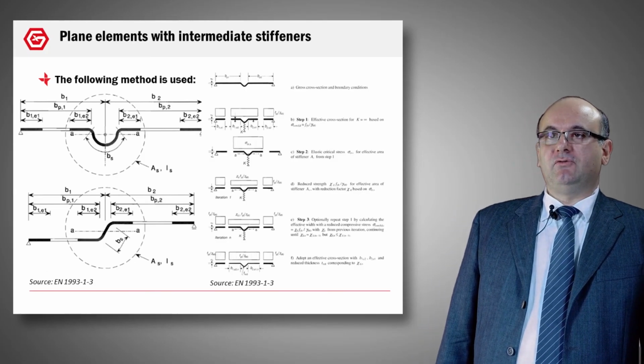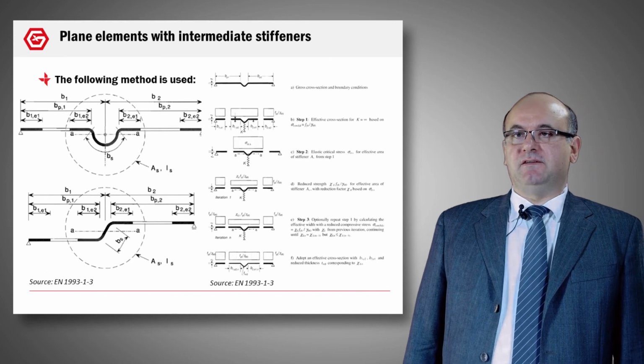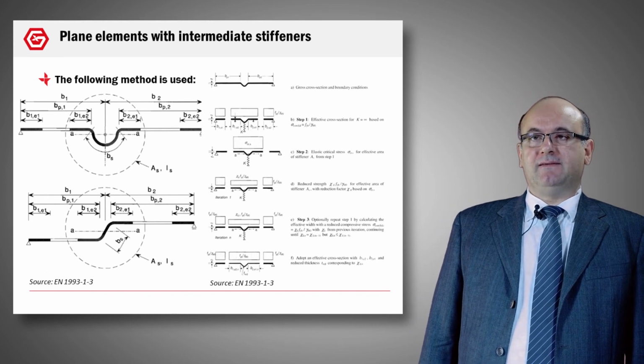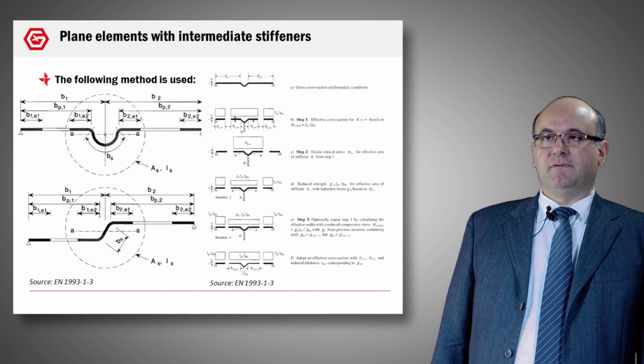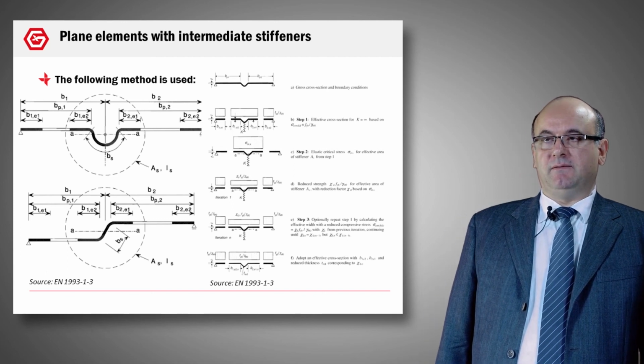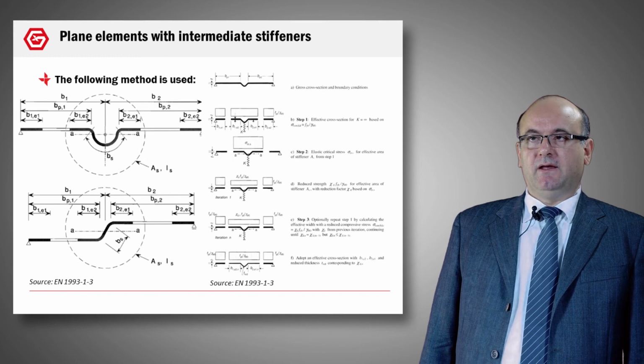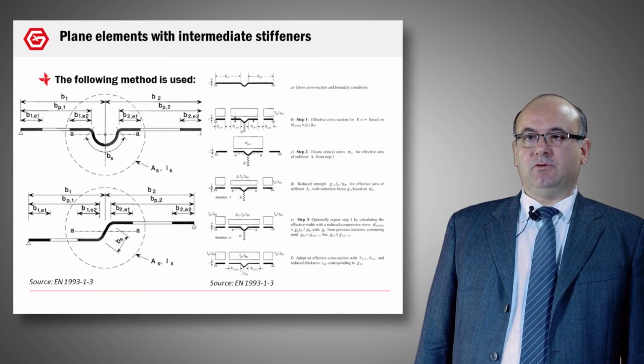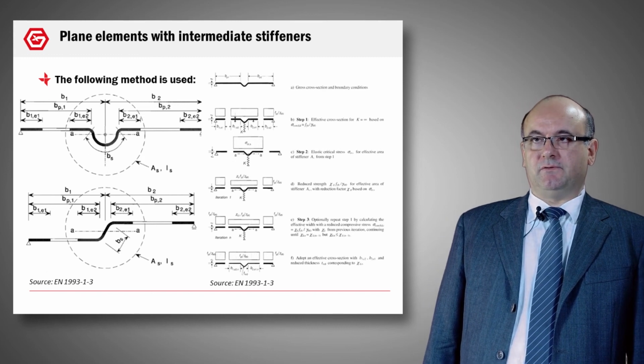Okay, now we are going to study the plane elements with intermediate stiffener. When you have a plate element with a big length, you have a flexibility of this plate element. To solve this problem, we add a stiffener. And here you have an example of a central stiffener.